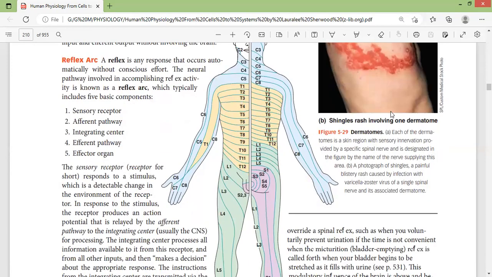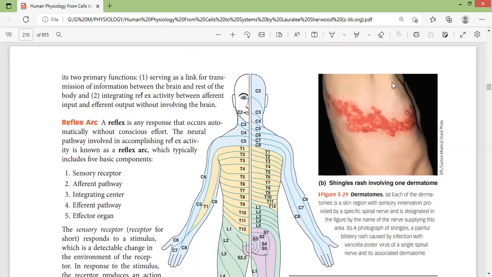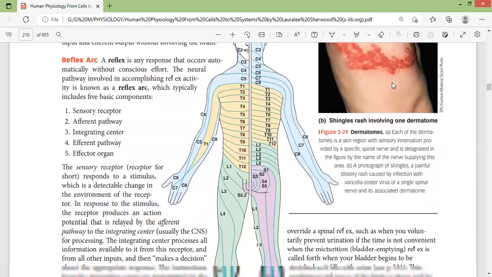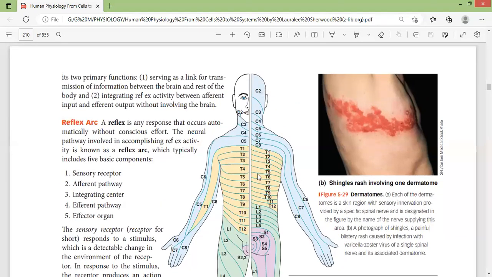This is what we were even mentioning, the shingles rash, right? For example, let's say that varicella zoster virus went and chilled here. When it's activated, it will travel along the area that this nerve supplies.